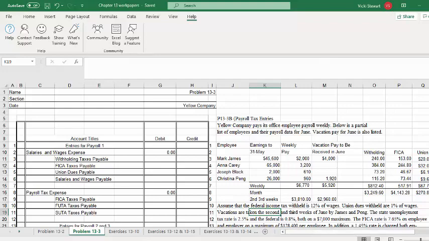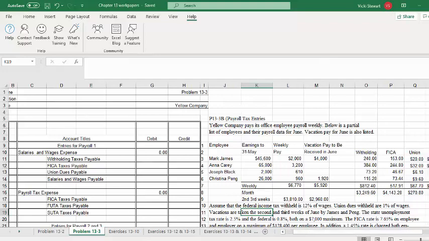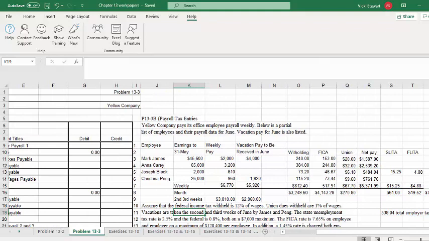The remainder of this top area I have made into a payroll register where I have calculated the amount of the withholdings and payroll tax expense. And I would encourage you to do the same thing for your problem because it will help you when you get ready to record your entries for the salaries and wages expense and payroll tax expense as the problem requires.